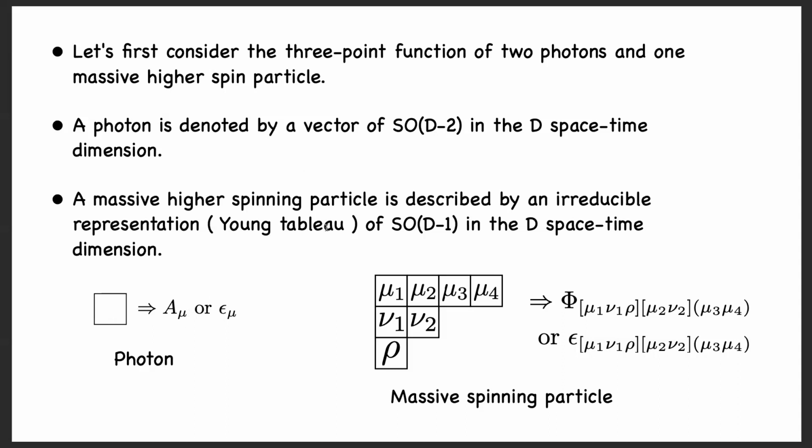And for any massive particle, there is no restriction on the spin. Massive particles can be represented by a general irreducible representation. So phi is the massive particle, and this is its polarization.